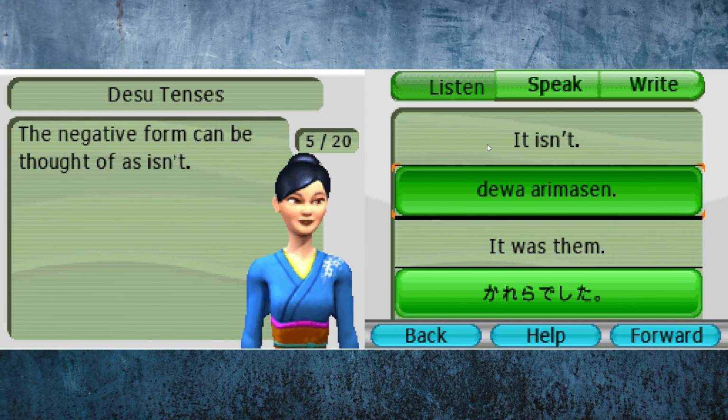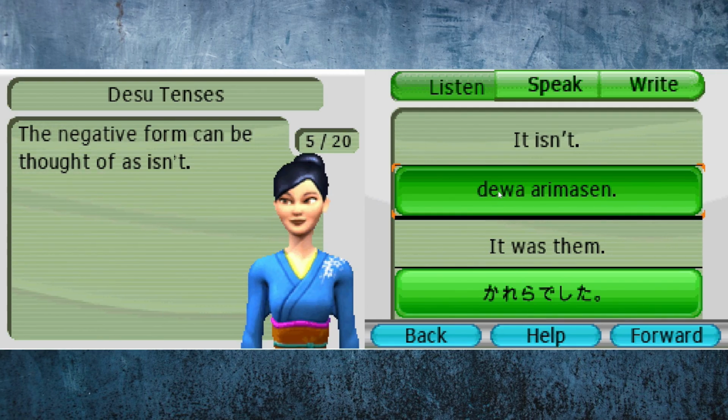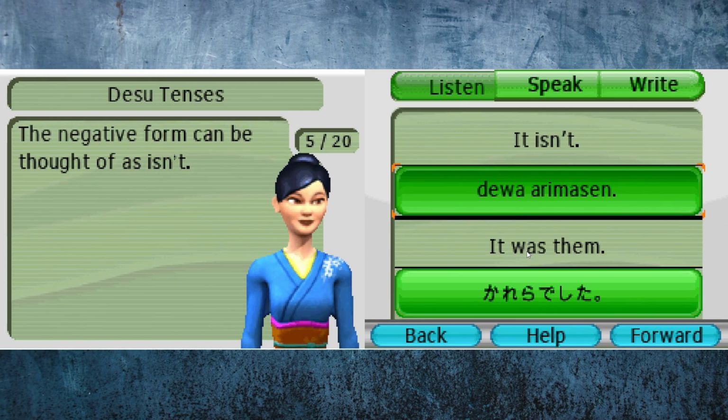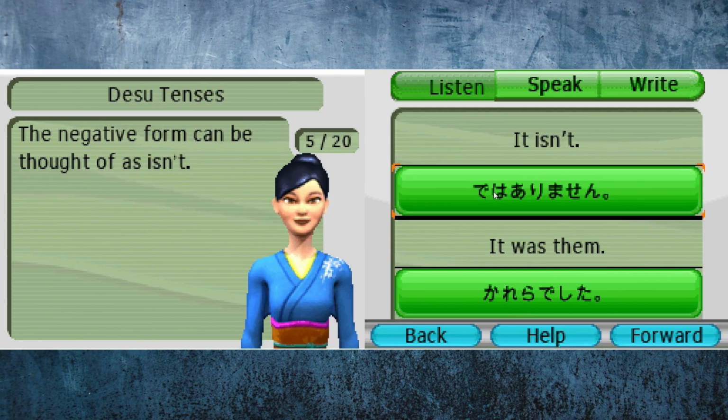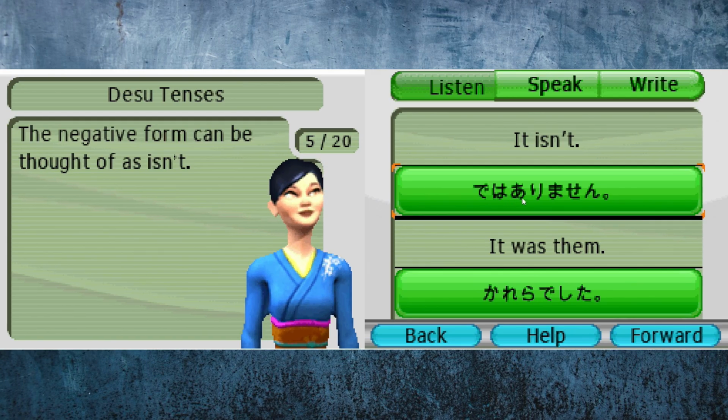Hold on, let me check my Japanese textbook real quick. Okay, I looked at my Japanese textbook, and the negative form of desu should be janai desu. I got confused because I've never seen dewa arimasen used before. I was taught to say janai desu to say something isn't. But I guess dewa arimasen is another way to say janai desu, maybe? I don't know.